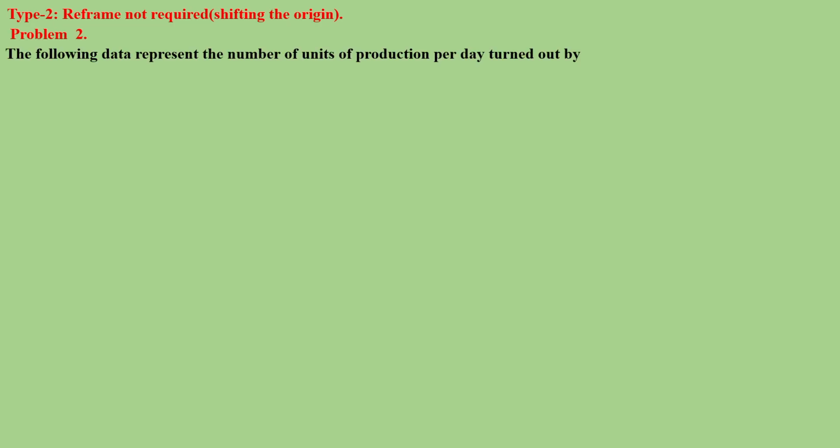Next problem in type 2, reframe not required, and we are doing the shift of origin. The following data represent the number of units of production per day turned out by 4 randomly chosen operators using 3 milling machines.